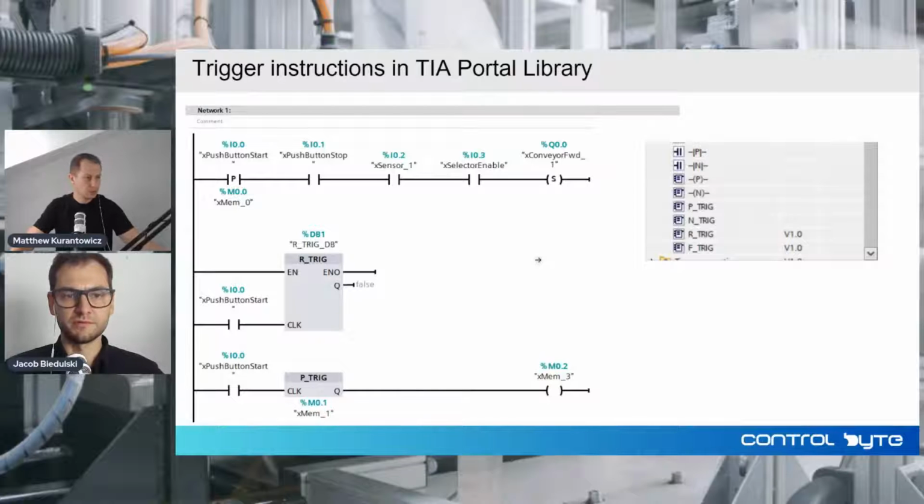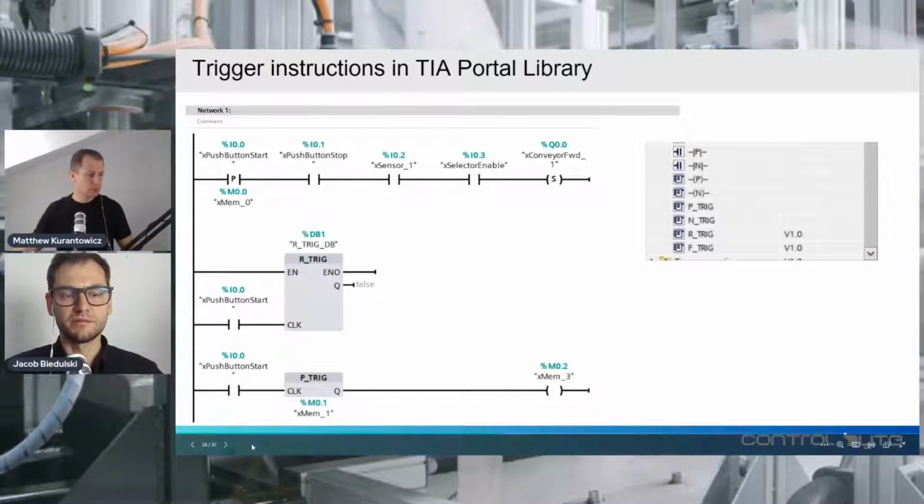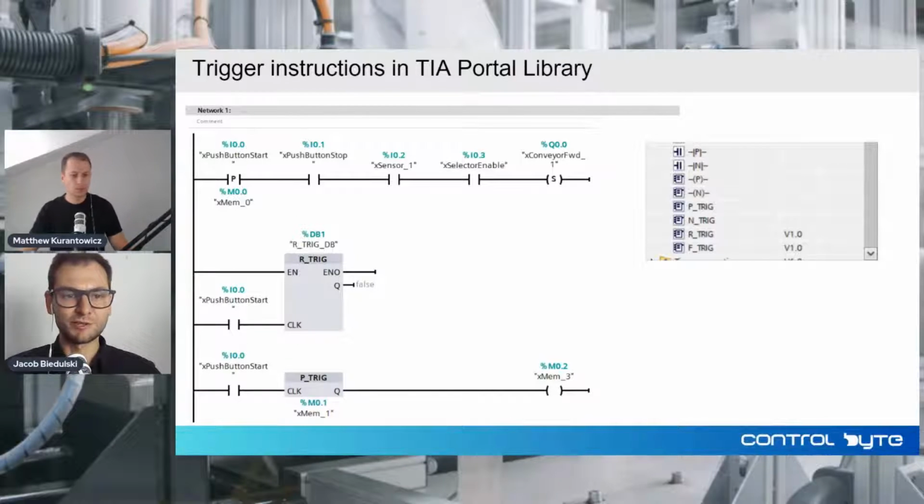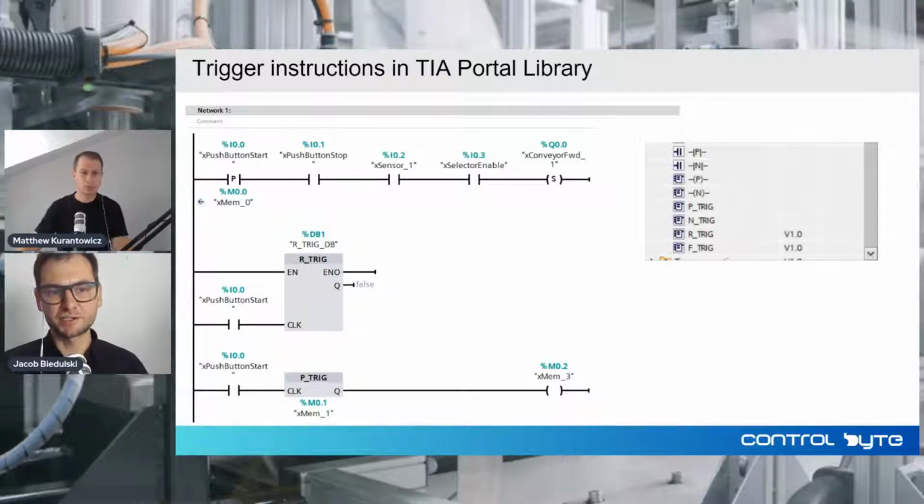You have a contact with the letter P on the first branch. This is the basic positive trigger instruction for detecting the rising edge of the connected variable above this instruction.